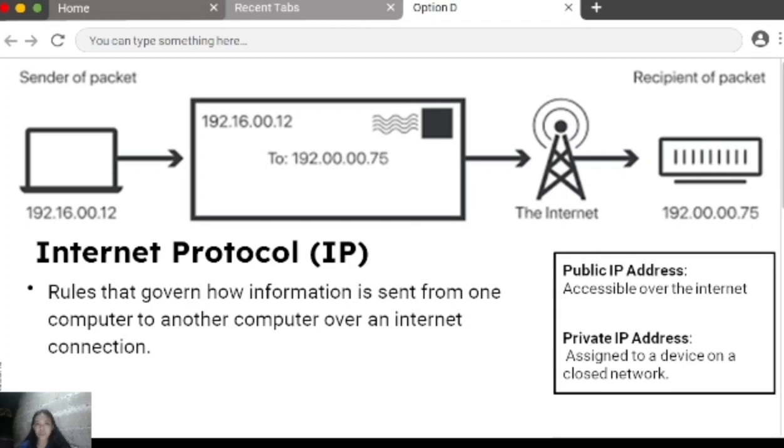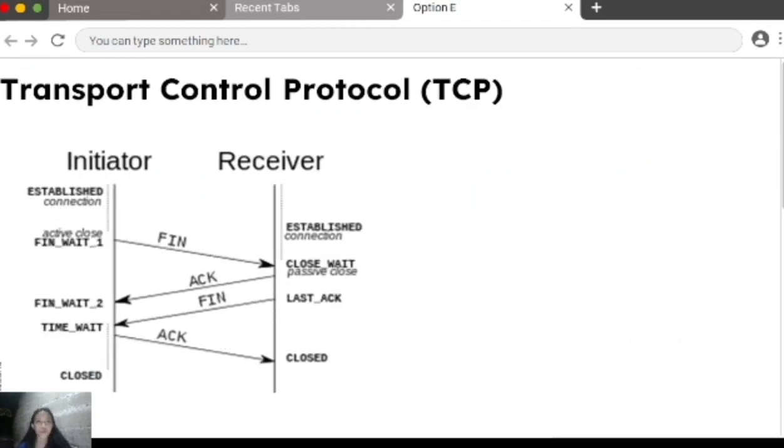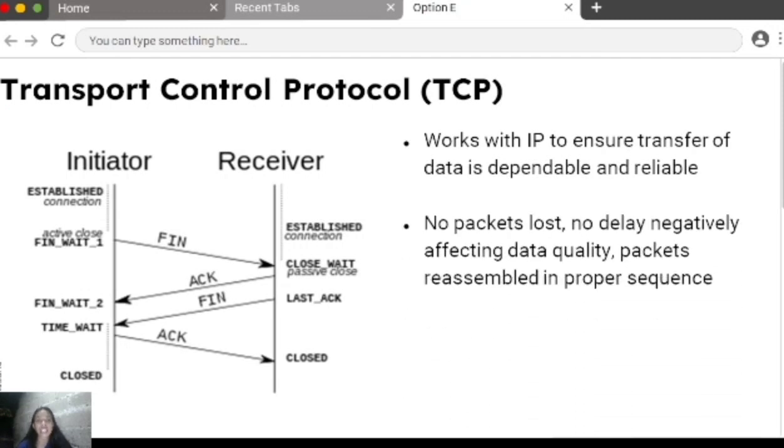So now let us move on to TCP, or the Transmission Control Protocol. So what is TCP? TCP works with IP to ensure the transfer of data is dependable and reliable, with no packets lost to delay negatively affecting data quality.